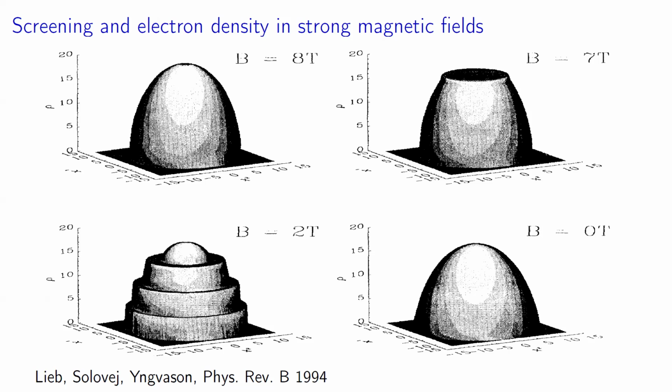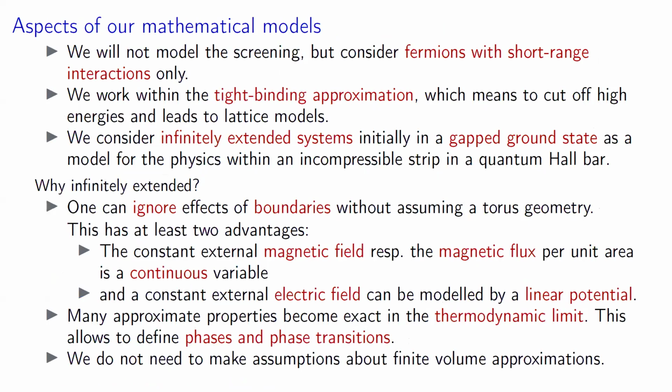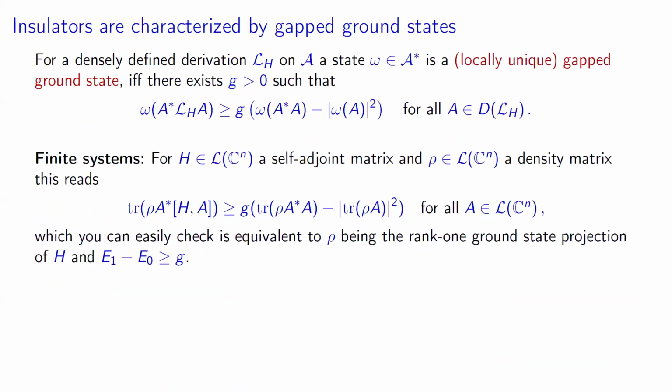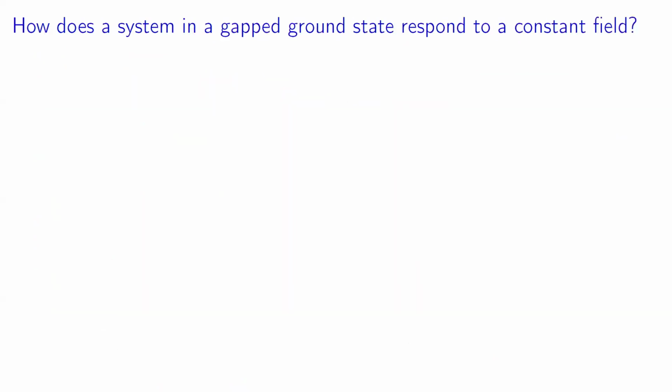To understand the physics within these regions, it makes sense to look at infinitely extended gapped quantum systems of fermions on a lattice. So what we will think of are infinitely extended systems of fermions with short-range interaction and a gapped ground state.